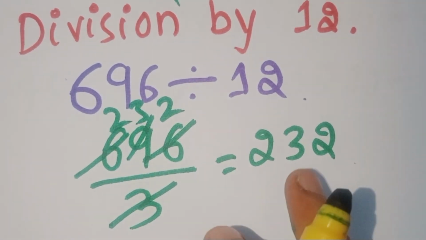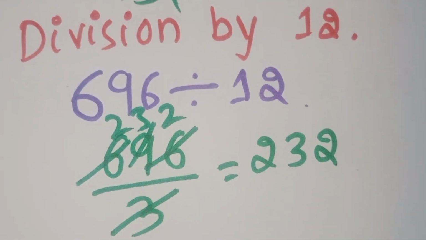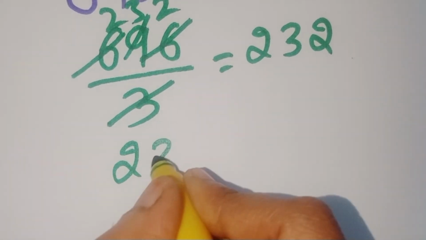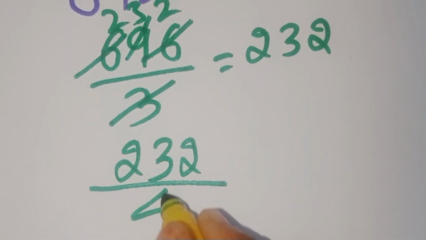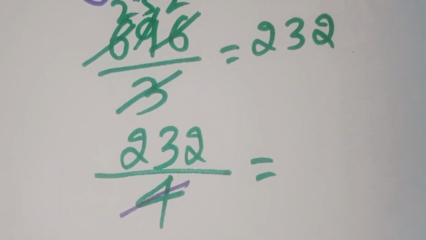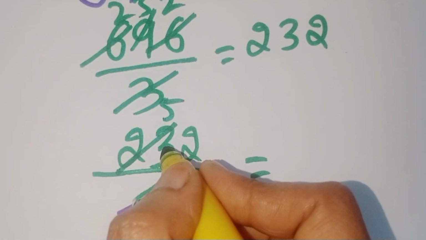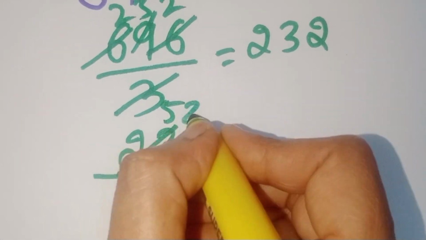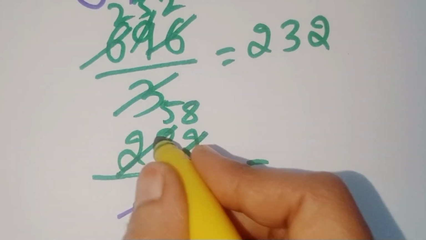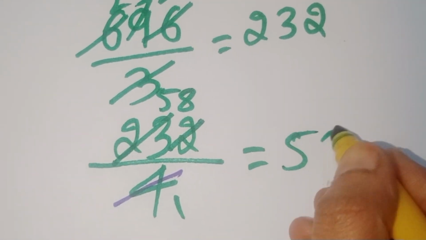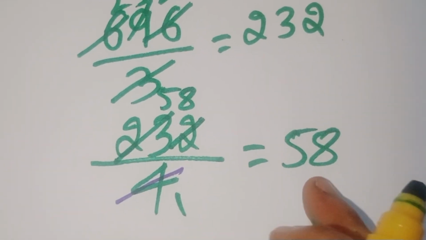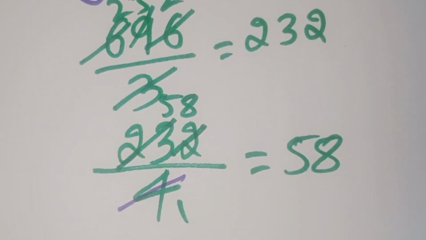Then divide this result by 4. 232 divided by 4. 4 ones are 4. 4 5s are 20. 4 8s are 32. We get 58. So the answer is 58.